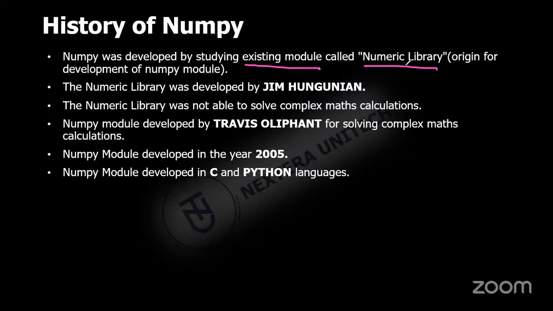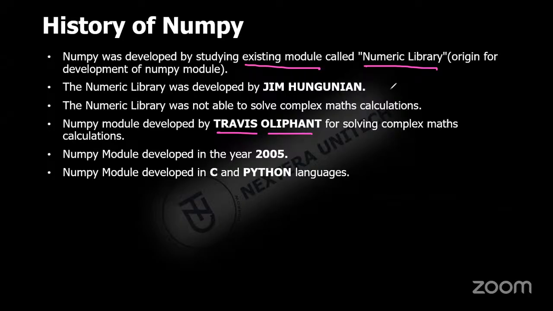Earlier there was a library called numeric library, and this is what led to the development of NumPy. Our person Travis Oliphant developed NumPy.